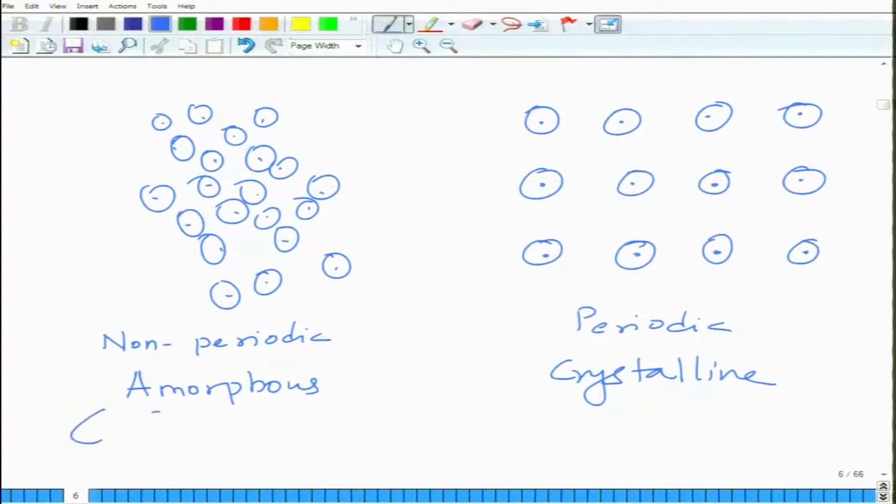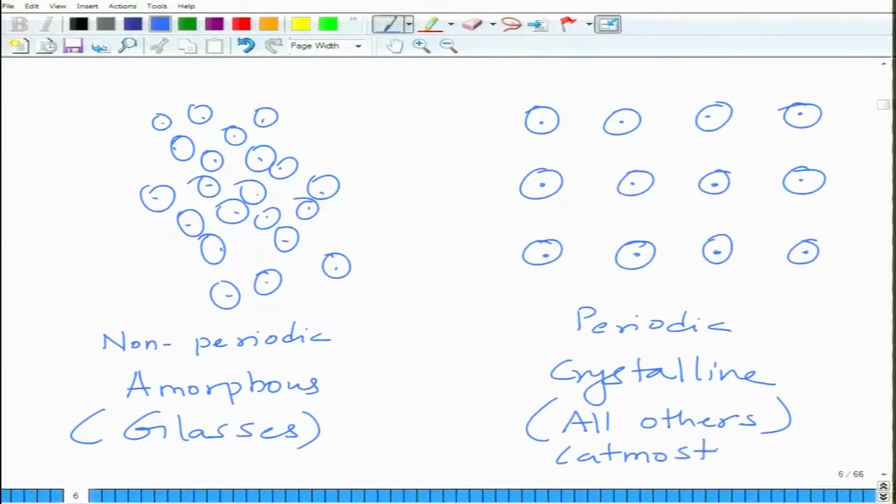So, amorphous materials are typically things like glasses, but almost all other materials, I would not say all of them, but almost all of them, are crystalline in nature, which have periodic arrangement of atoms, okay.